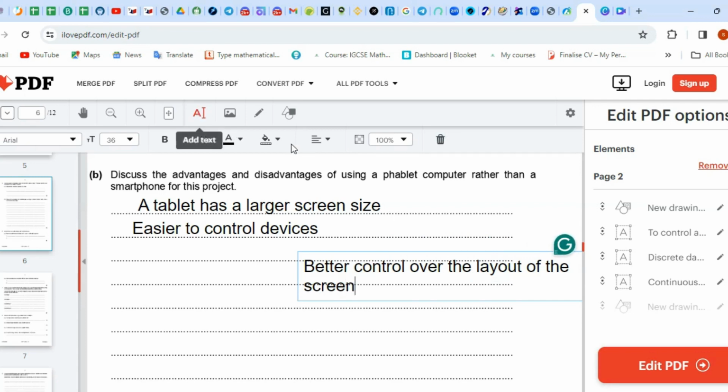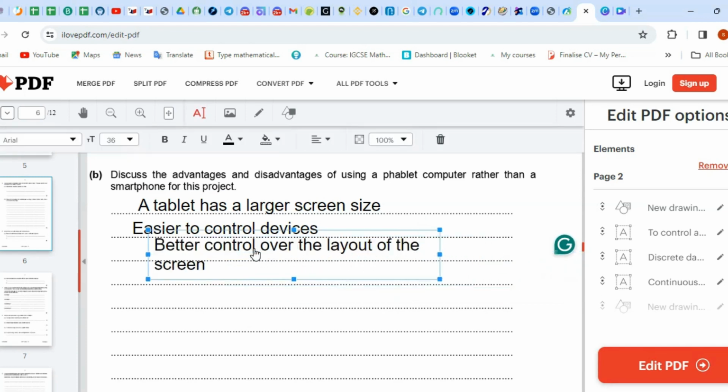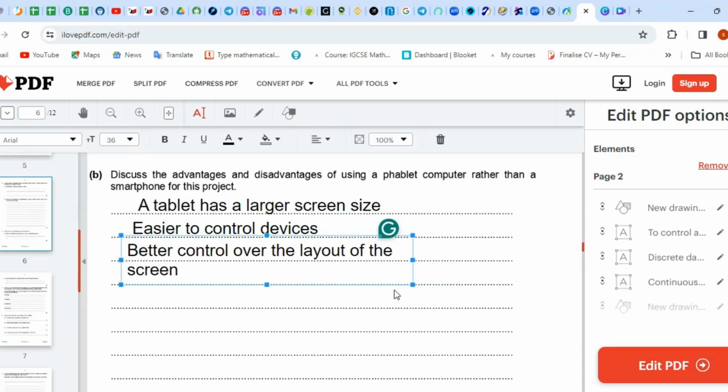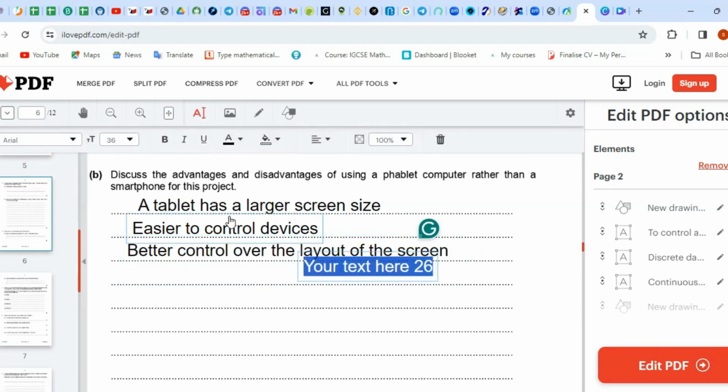So those are three advantages of using a tablet over a smartphone. So let's now look at the disadvantages. Let's write it. Disadvantages. Let's look at the disadvantages now.